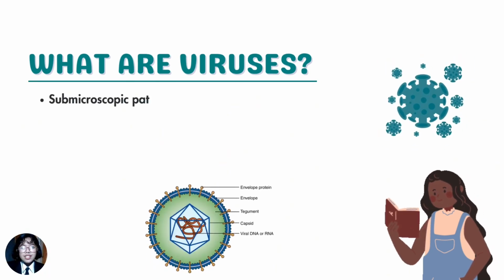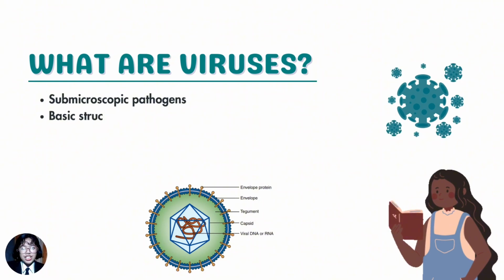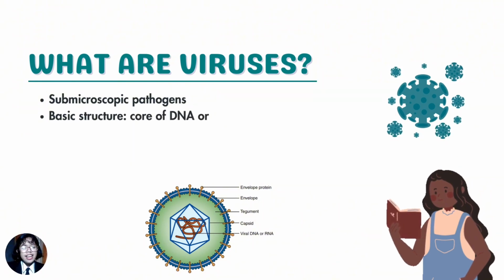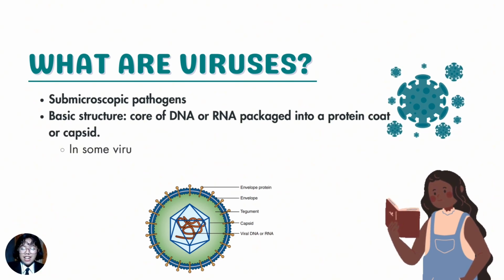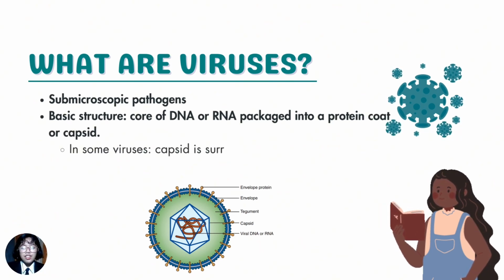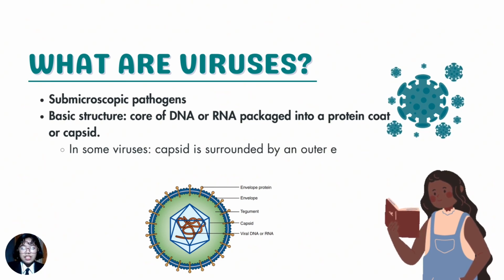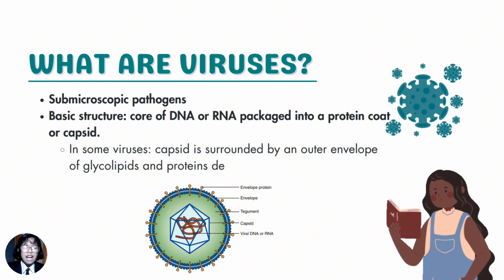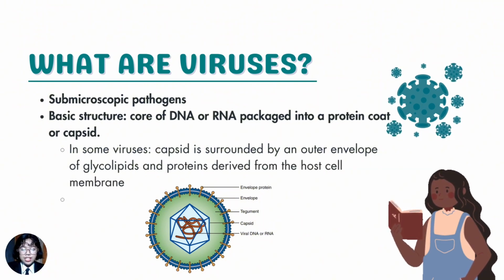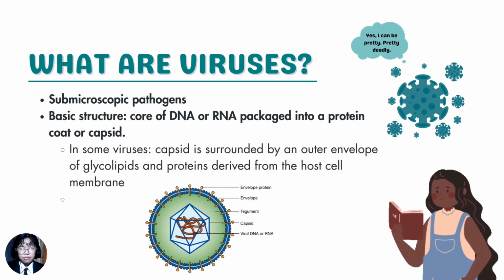Viruses are submicroscopic pathogens whose size is measured in nanometers. In fact, they are so small they turned out to be the smallest infectious agent with nucleic acid. Their basic structure consists of a core of DNA or RNA packaged into a protein coat or capsid. In some viruses, the capsid is surrounded by an outer envelope of glycolipids and proteins derived from the host cell membrane.